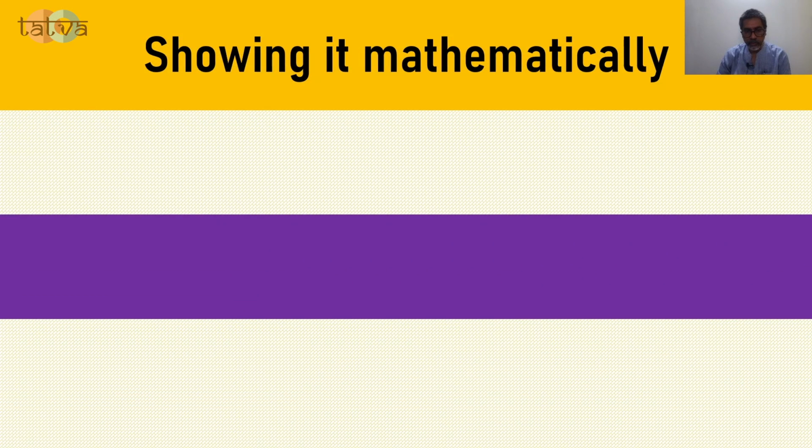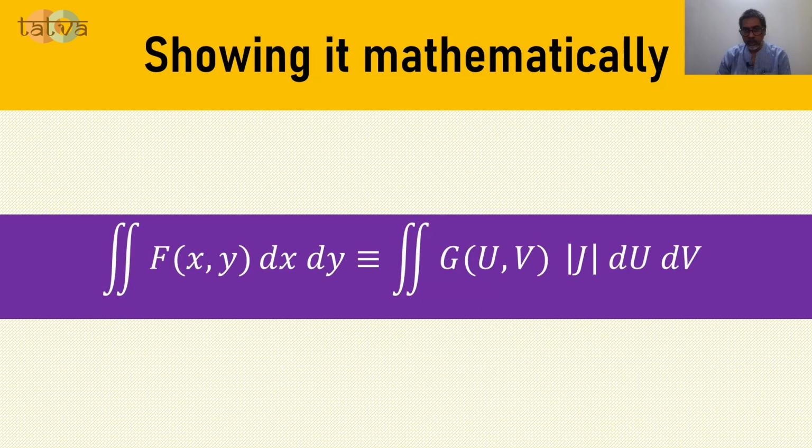So when you represent the double integral now, the left hand side is the double integral in the original space in the xy frame, and the function f of x y gets transformed to a new function g of u v in the transformed space. You can see the area element dx dy is not du dv but mod J times du dv.